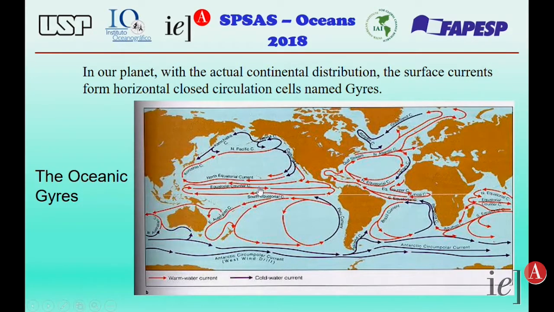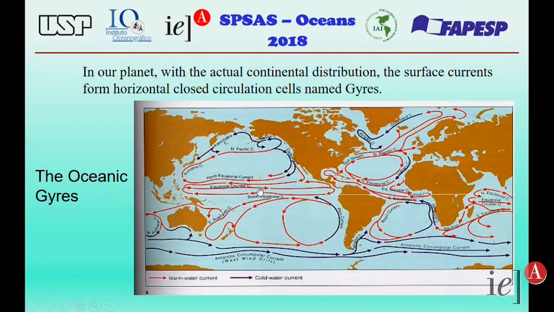That's because of this effect of the wind blowing in one direction and the circulation at the ocean surface being more or less diverted to the right or to the left, depending on the hemisphere. In the end, you have the predominance of these gyres, or circulation in the form of closed gyres.